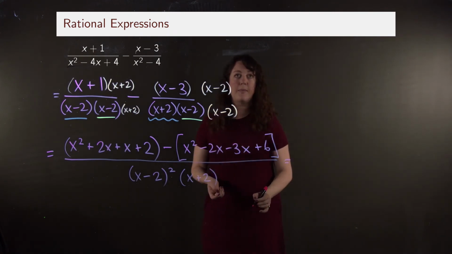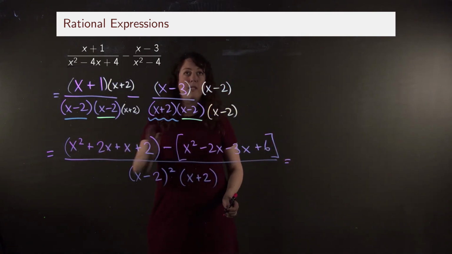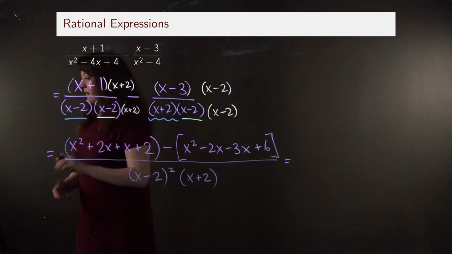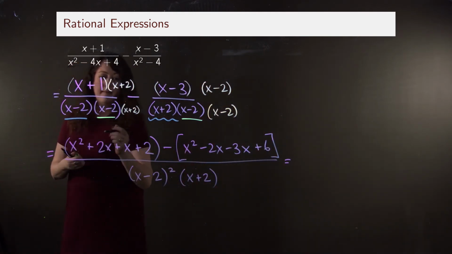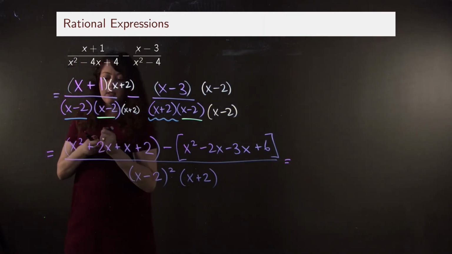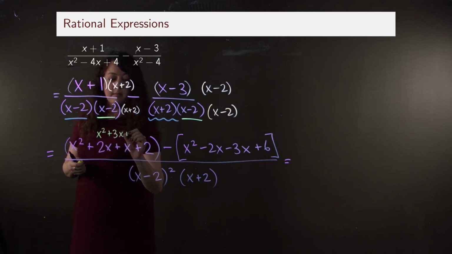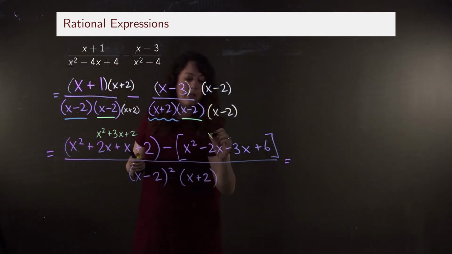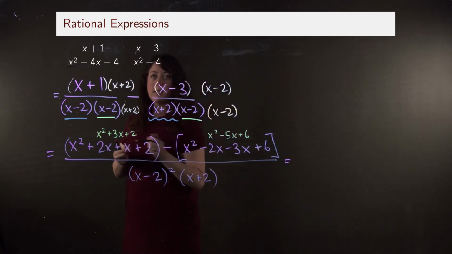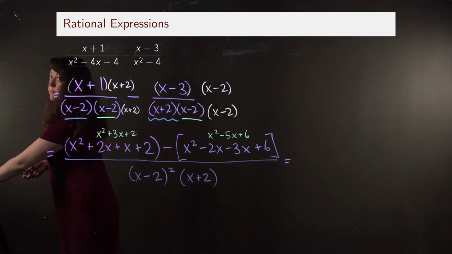Okay, so let's see what happens up top. So notice I'm taking all of these, I'm subtracting all of these. So what do I really have over here? Okay, so this is really an x squared plus 3x plus 2, and this is really an x squared minus 5x plus 6. That'll help us when we're trying to combine like terms.